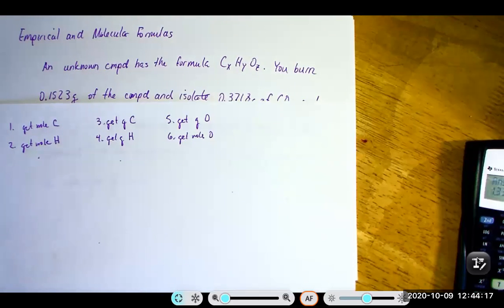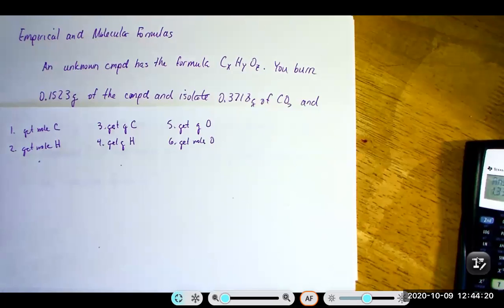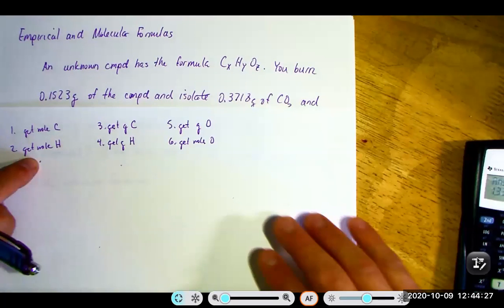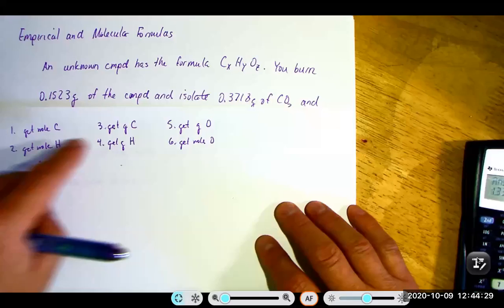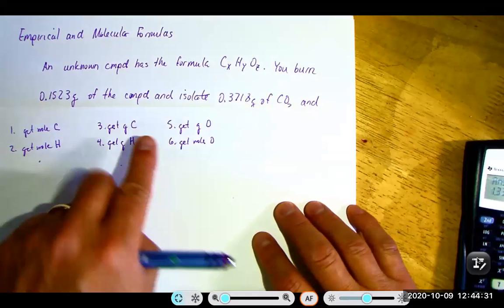And you can see that the first two things that you do are just like you did in the previous problem. The additional things are this. So let's do these first, and then we'll talk about why we do these things.